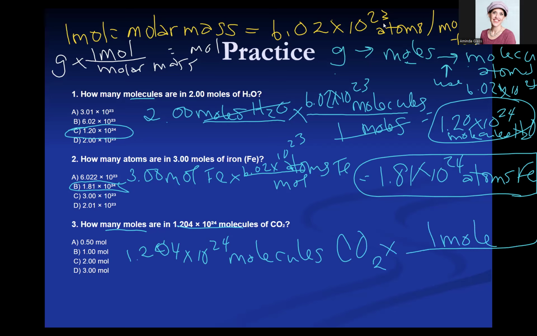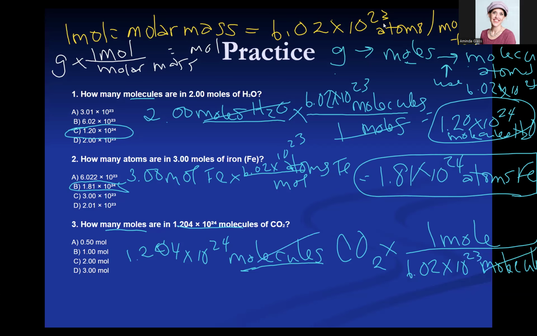So 1 mole will go on top. And I need to get rid of molecules. How many molecules are in 1 mole? 6.02, Avogadro's number, times 10 to the 23rd.